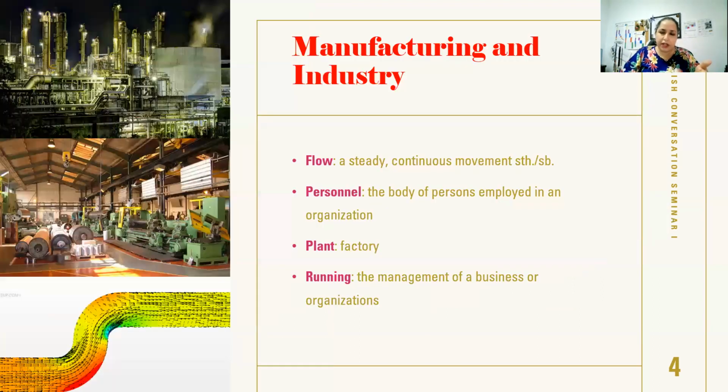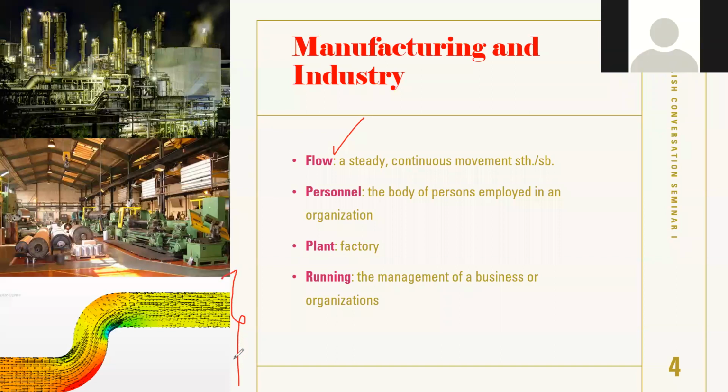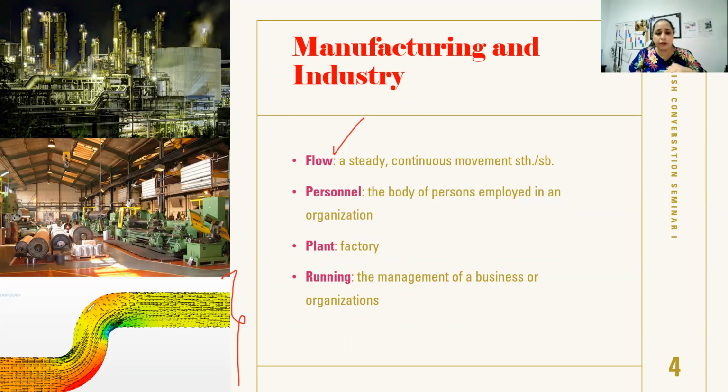I'm going to read the definitions and then I'm going to ask you to help me read and understand the example. So here I included 4 very simple ones. 4 examples. We have flow. And I included a picture over here. It's a pipe and it could be a gas or it could be a liquid flowing through it.